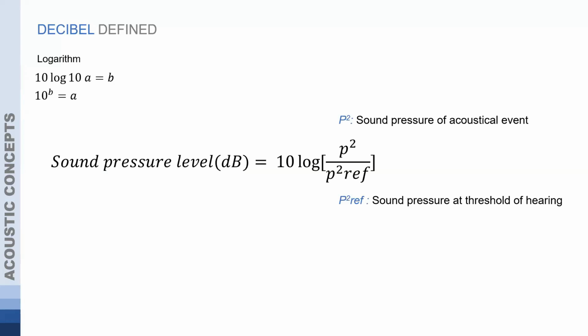You have to have a reference level for sound. In this case, we use sound pressure at the threshold of hearing, which is typically used in architectural acoustics as that reference level. So to get a sound pressure level, which is most typically what we're looking at, we see our actual specific event over that threshold of hearing reference level. And then we'll get our decibels.